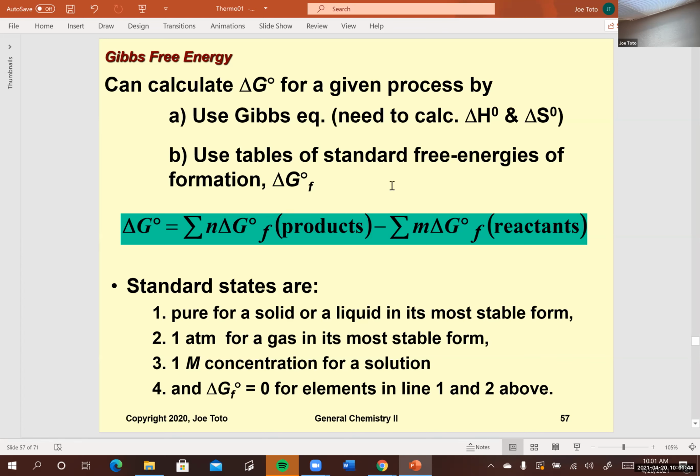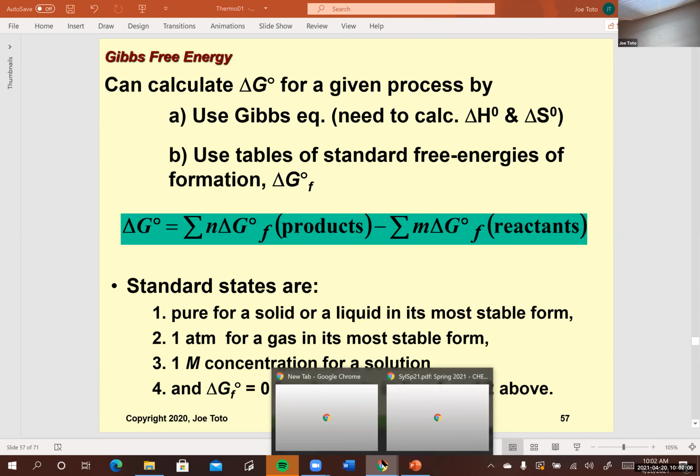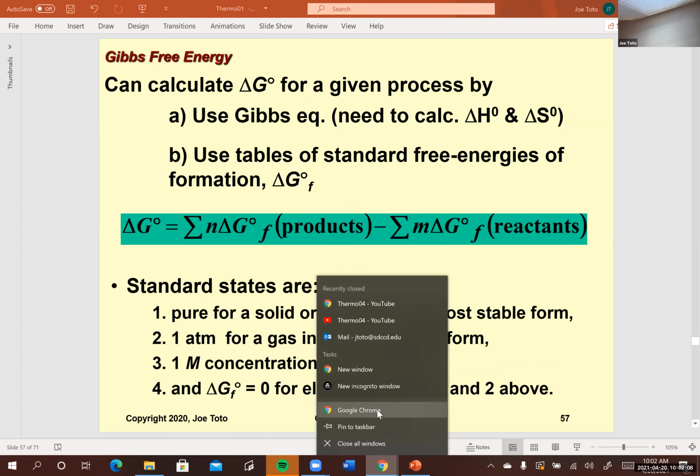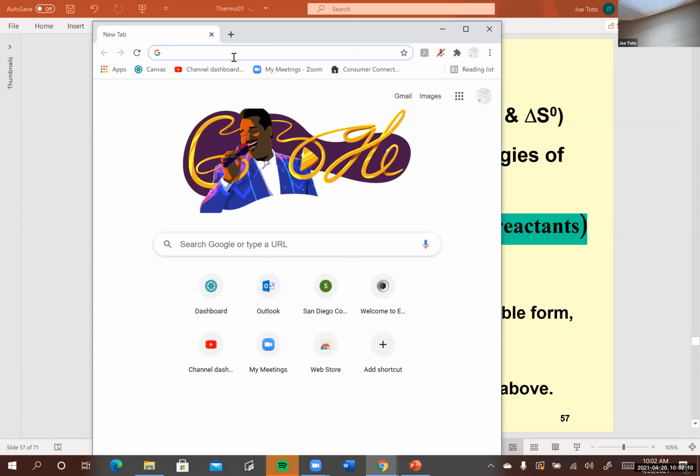So then we can find all the delta G of formations of other compounds that aren't in their standard states and tabulate them. And so they're also tabulated in your textbook. It might be worth taking a look at a table.